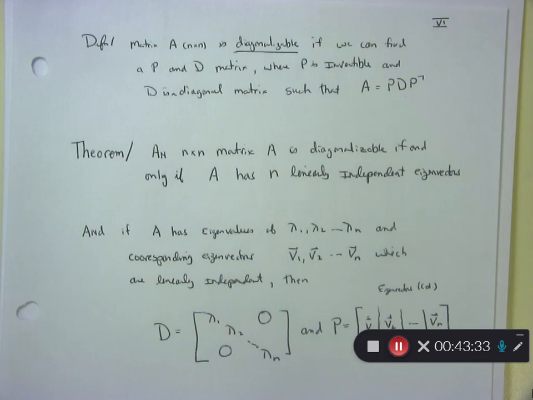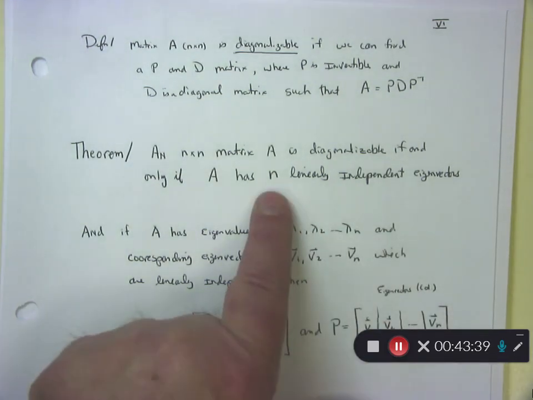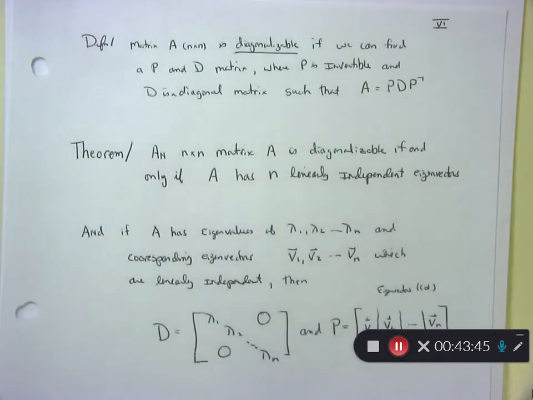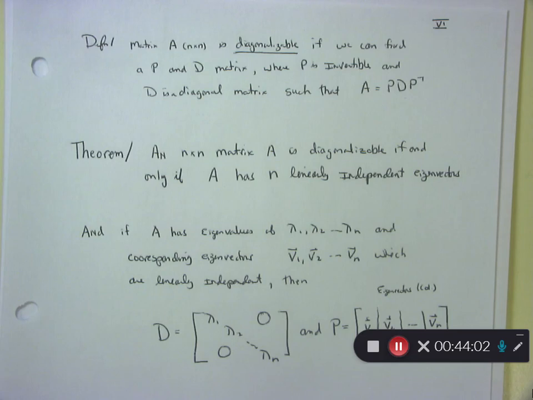You look at the eigenvectors, and if the eigenvectors are linearly independent, and there are n of them, n being, remember, A is n by n, so that matches up. You've got to have n linearly independent eigenvectors. You don't always get that, but if you do, then A is going to be diagonalizable. If you don't have that, A will not be diagonalizable. Certain matrices will not be diagonalizable, okay? It won't be able to be similar to a diagonal matrix.